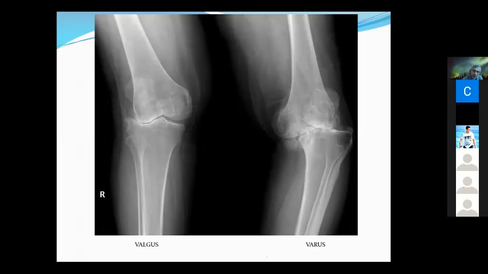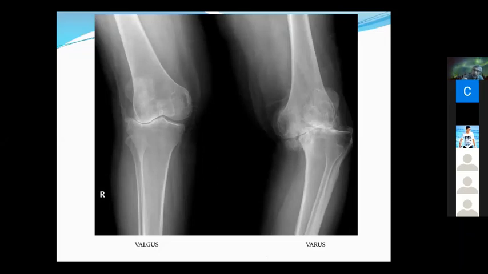Okay, so in the valgus knee, the important structure is, of course, you have to release the capsule, the lateral side. Very important thing is you have to release the iliotibial band. Then you have to release the lateral head of the gastrocnemius.